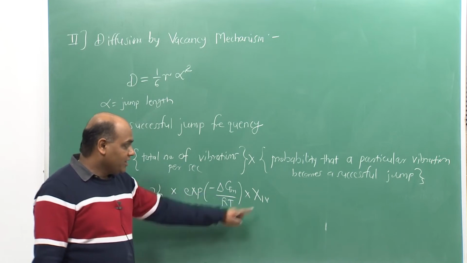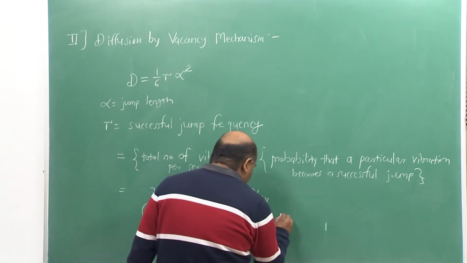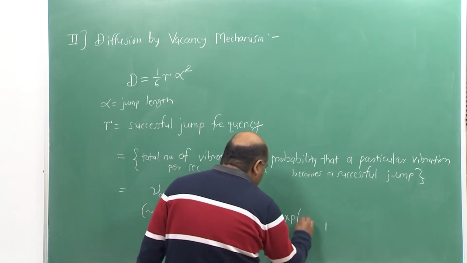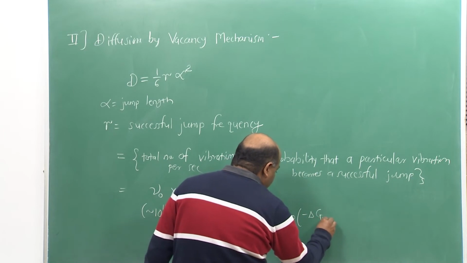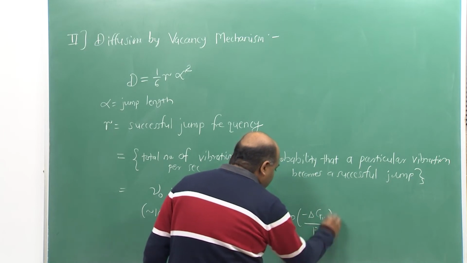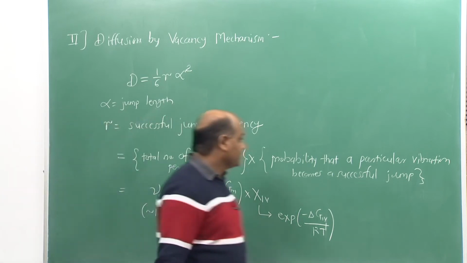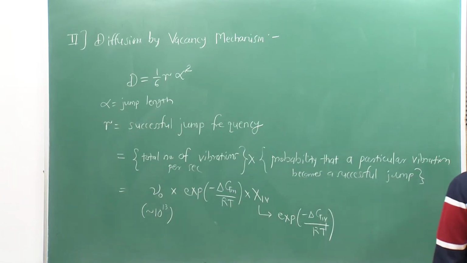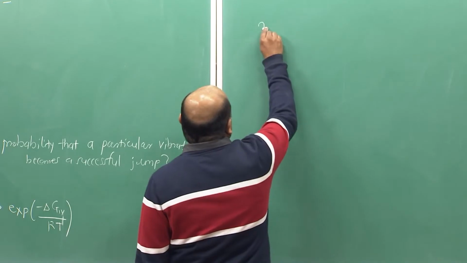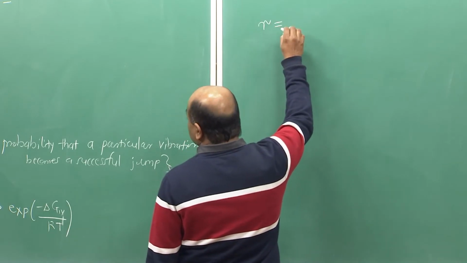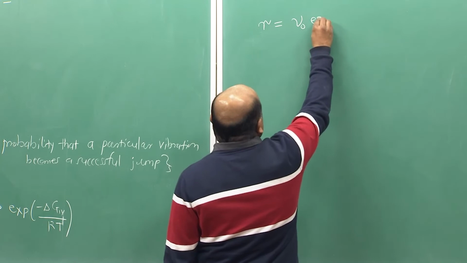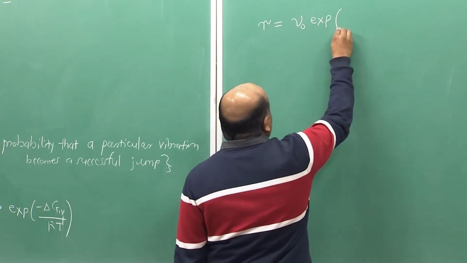And x 1v we know is equal to exponential minus delta G 1v by RT. So, if we substitute back into this, we get gamma equal to nu 0 exponential.